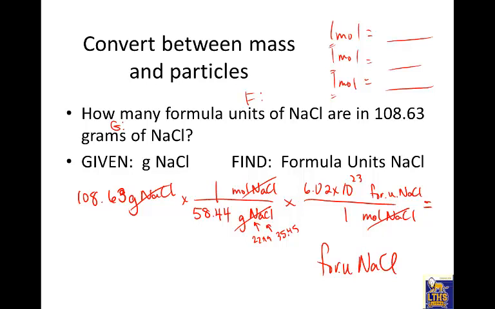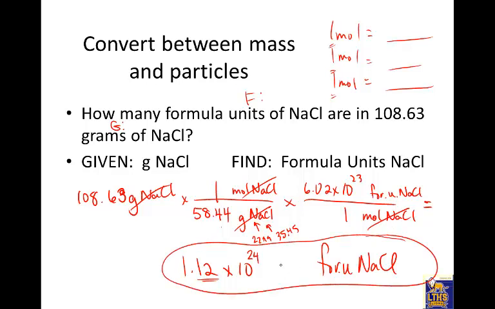We should have a lot, because there's this many in 1 mole, and there's a lot of grams here. So I do 108.63 divided by 58.44 times 6.02E23, and I get 1.12 times 10 to the 24th formula units of NaCl. That's a lot of tiny pieces, which makes sense.